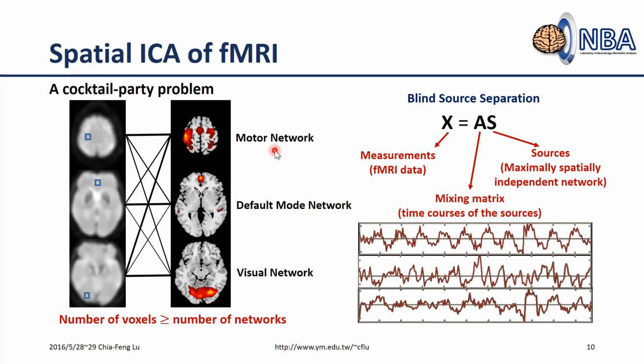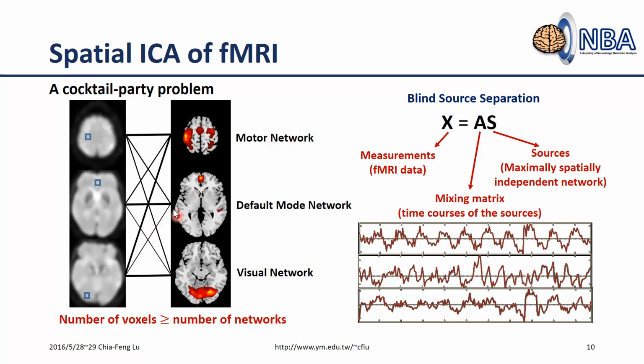Normally we'd like to have sources that are independent of each other. In this case, when we say spatial ICA for fMRI, that means we'd like to reconstruct source networks that are spatially independent of each other, meaning non-overlapping networks.